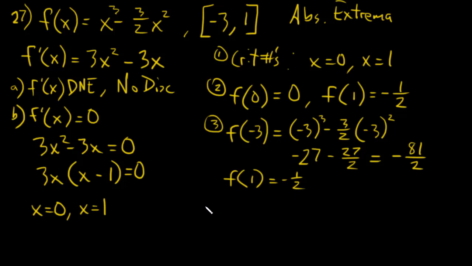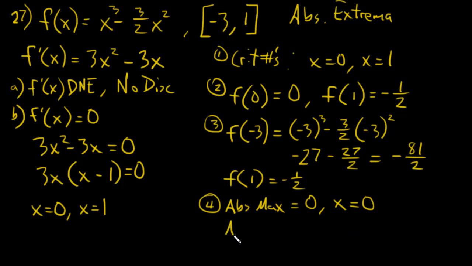So last step, step 4, we'll do the absolute max. The absolute max, what is the largest of the values between negative 1 half, negative 81 halves, and 0? Well, 0, right? And that occurs at x equals 0.